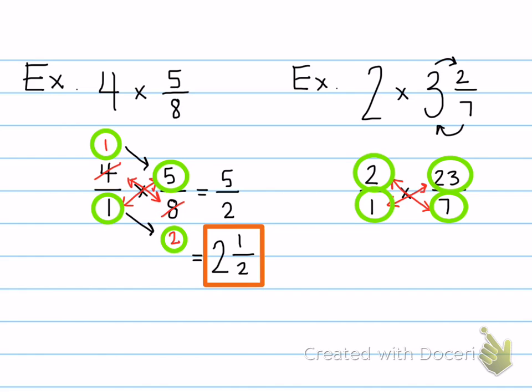So you're actually just multiplying across. 2 times 23 was 46. 1 times 7 is 7. In changing this one, 7 goes into 46 6 whole times, that's 42, with 4 left over out of 7. This cannot be simplified anymore, so your final answer is 6 4/7.